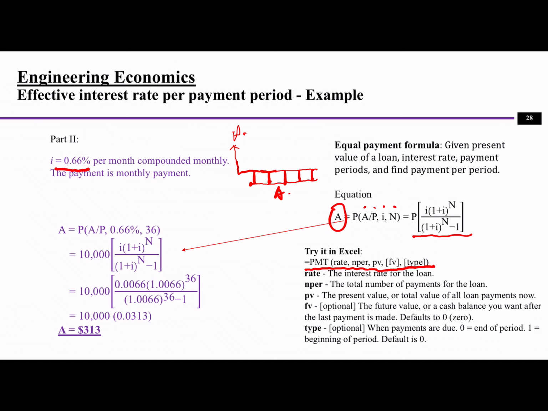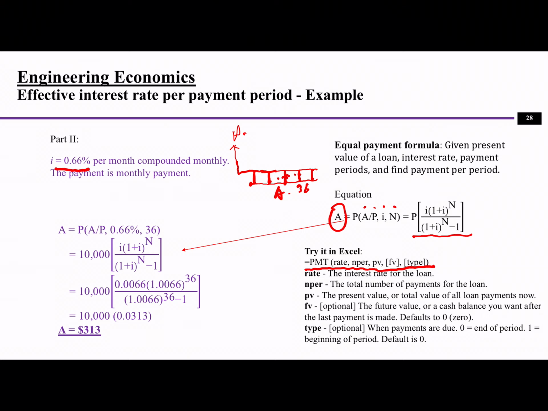All right, so we know this is the equation. Next, when I use this equation, because we already know the effective interest rate will be 0.66%, we just replace I with 0.66%, so the parentheses part will be 1.0066, right?